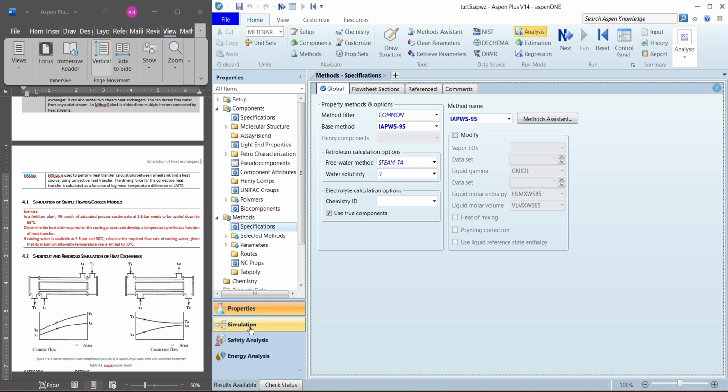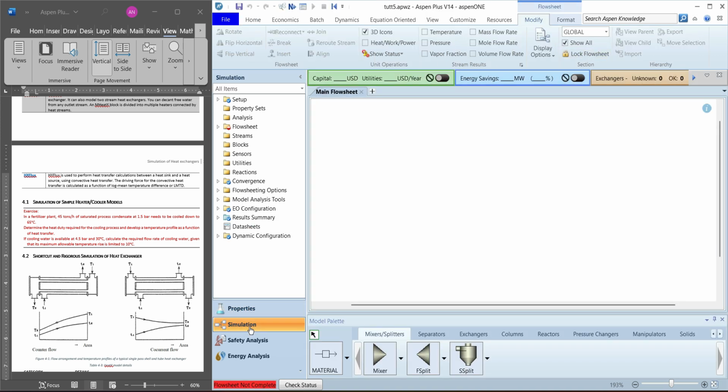So switch to the simulation environment. In the simulation environment, the first thing is to draw the flow diagram. So we need the heater from the exchanger model palette, the first one in the exchanger.